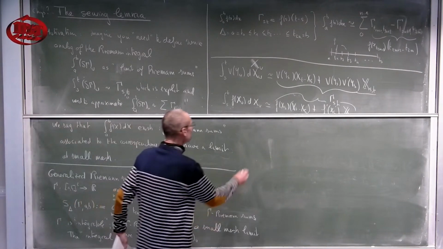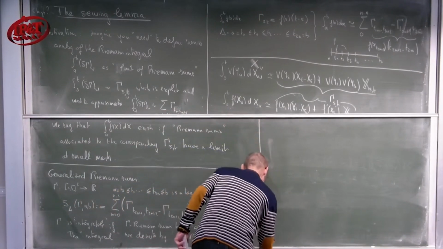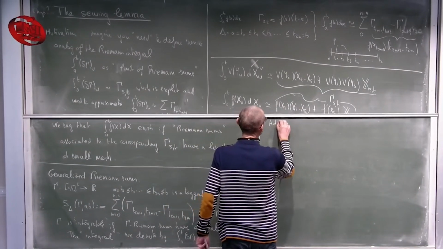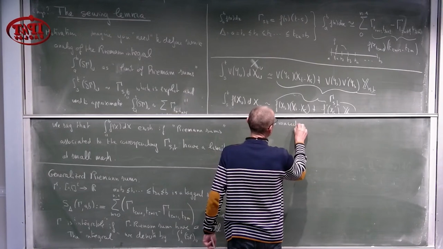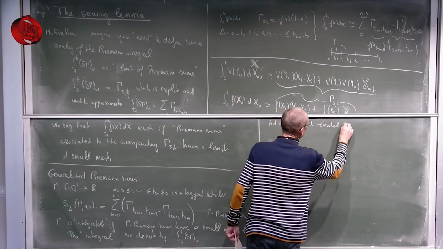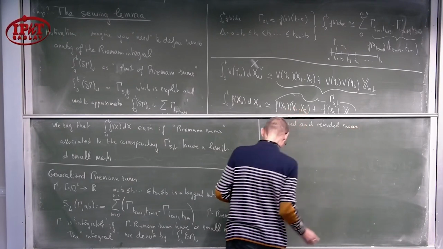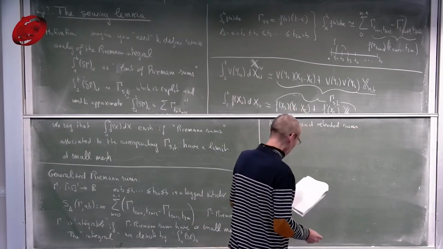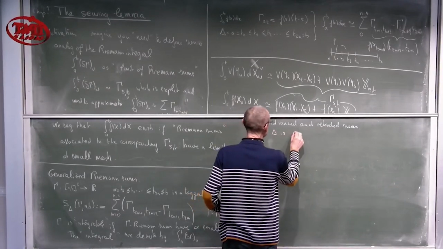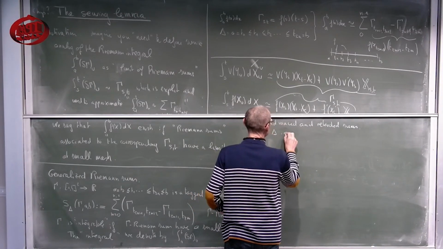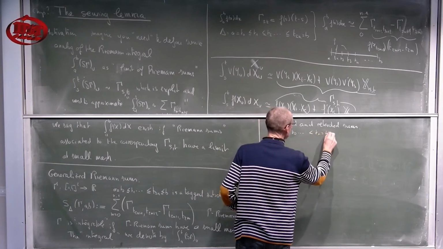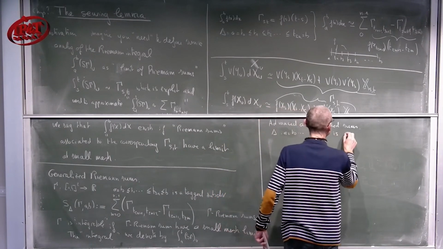One thing that is useful is to look at advanced and retarded sums. They turn out to be useful. So you imagine now that delta is a subdivision, A equals t_0 and so on up to t_n equals B, a subdivision, not tagged, this one.